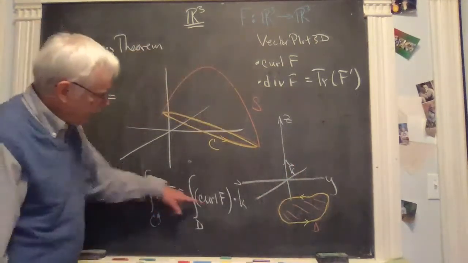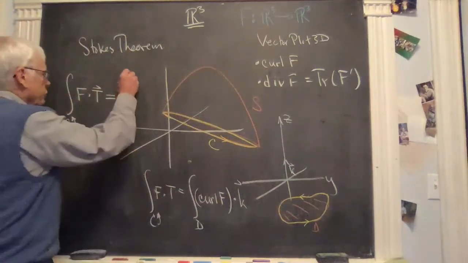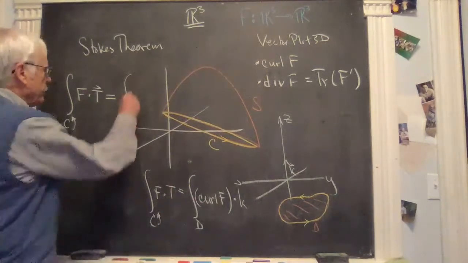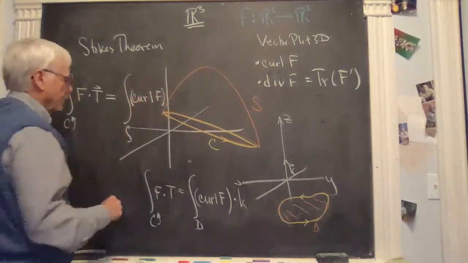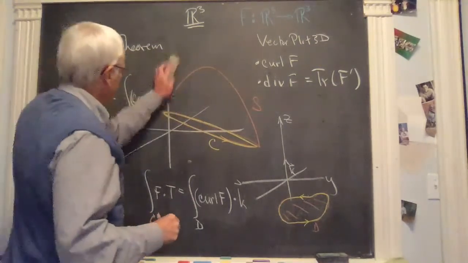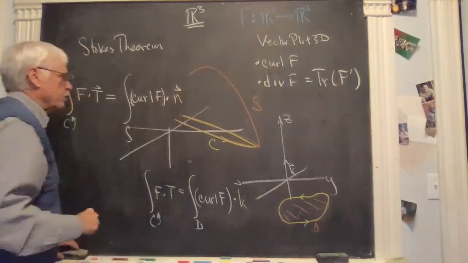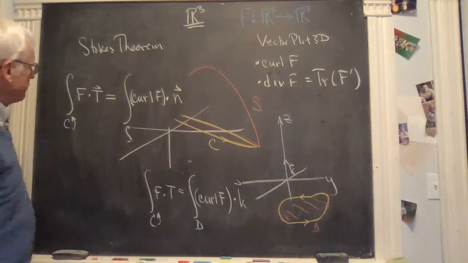And this gives you a hint as to what's going to be here. So this will be the integral over S, a flux integral of the curl of F. And the curl of F will be dotted with N. This is the flux integral of the curl, and this is Stokes' theorem.